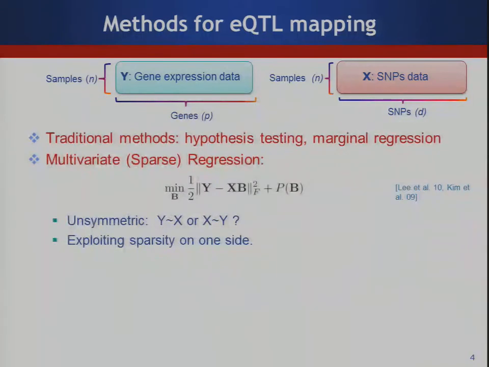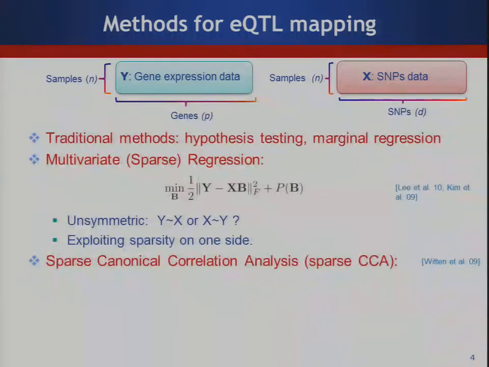Here we want to study the association between the SNP and the gene expression data, and association is a symmetric way to study their relationship. But it's unclear why you regress Y on X instead of X on Y. More importantly, if you use an L1 infinity or L1/L2 norm on the B matrix, you select a few SNPs that you hope can simultaneously explain all the gene expression data. That could be very difficult in real biological studies.